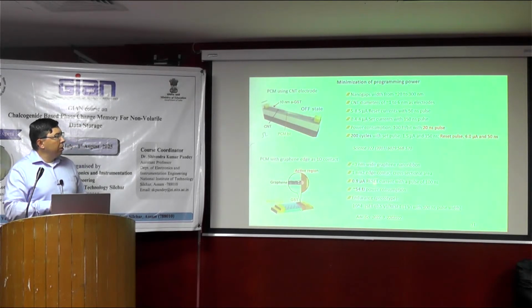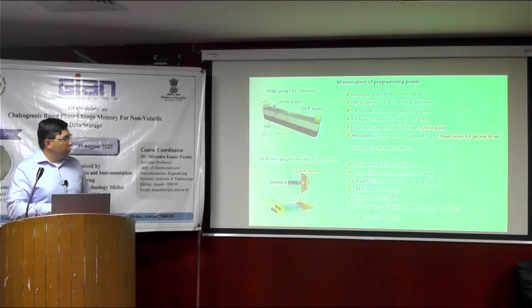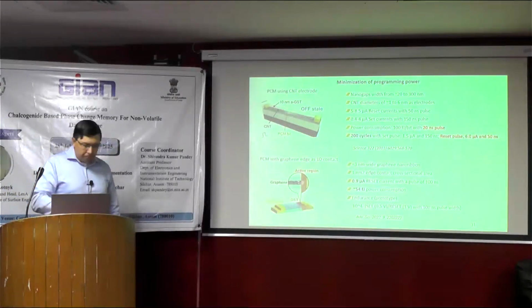Here again you can reach very small reset currents with a 100 nanosecond pulse, very low power consumption, and endurance is also nice, 10 to the 4, and of course it should be improved.